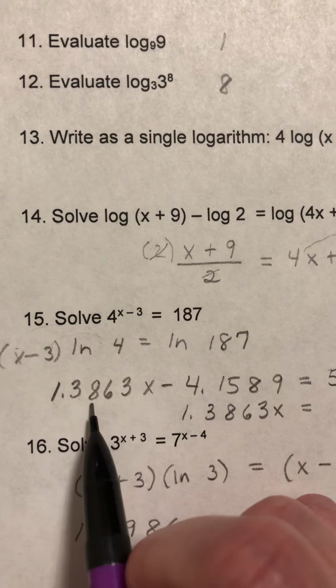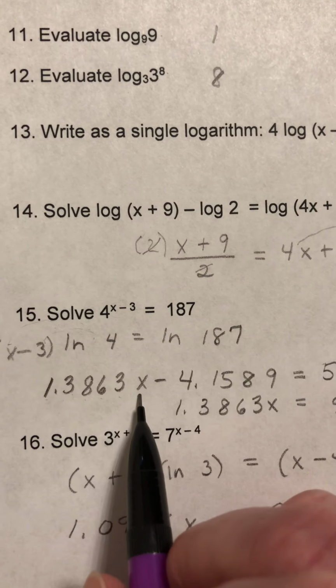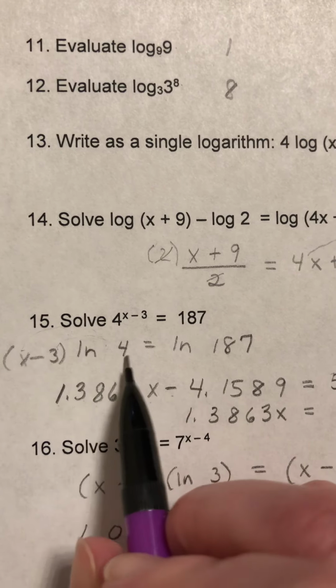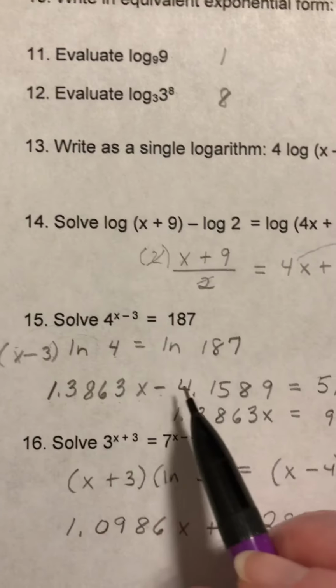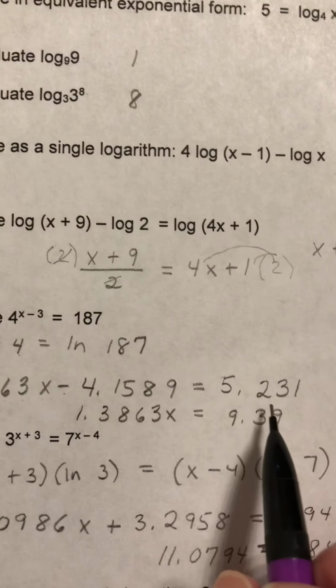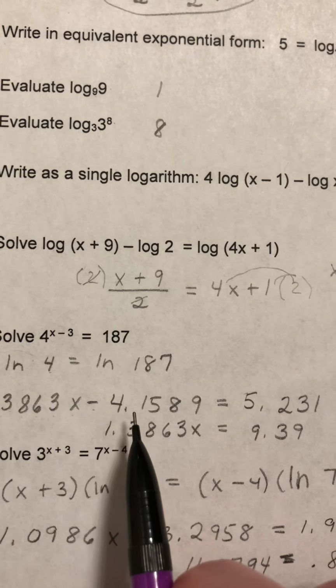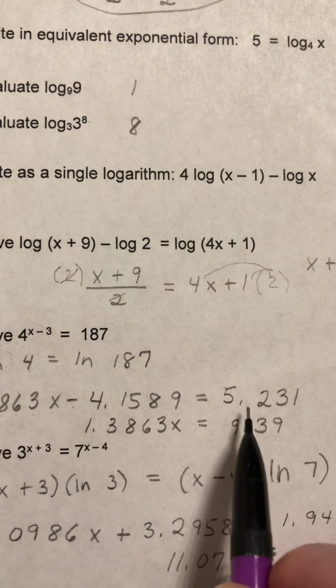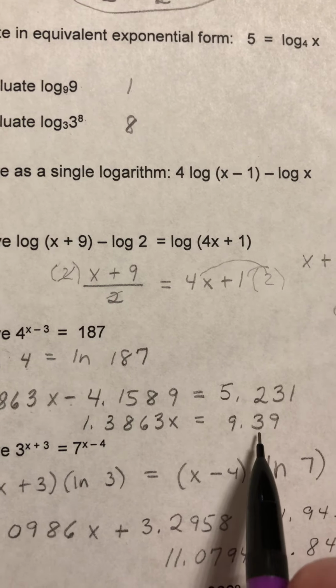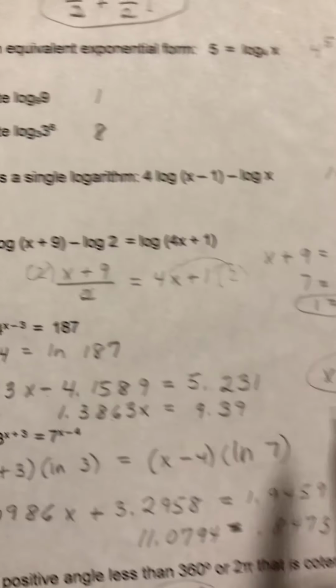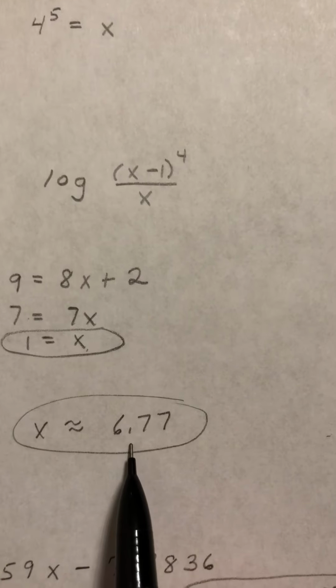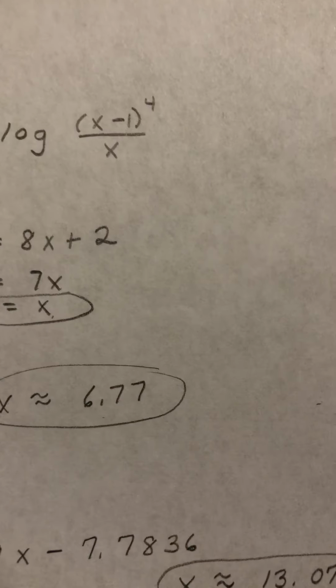It's 1.3863 times x minus, and then the natural log of 4 times 3 is this. The natural log of 187 is this. Then I added the 4.1589 to the 5.231. Then I divide by the coefficient. And I get that x is approximately 6.77.